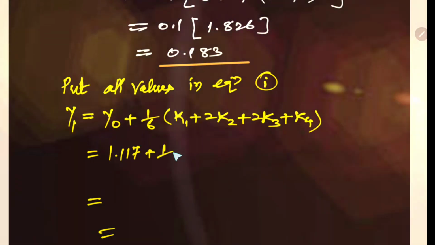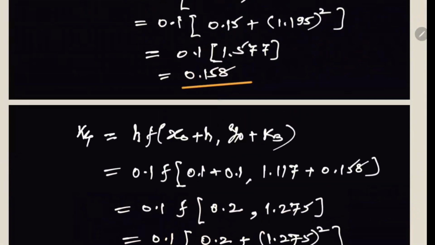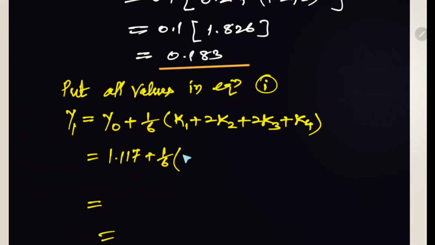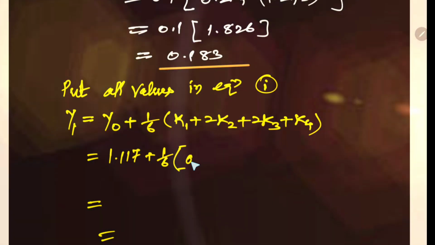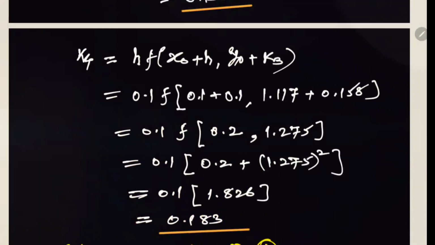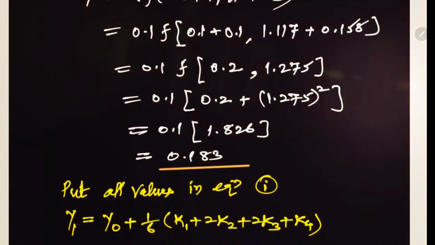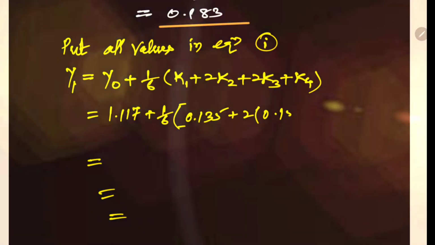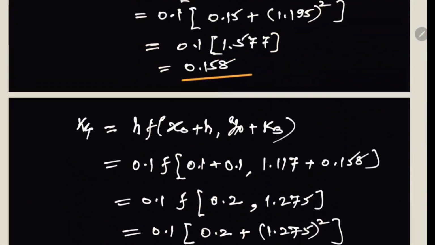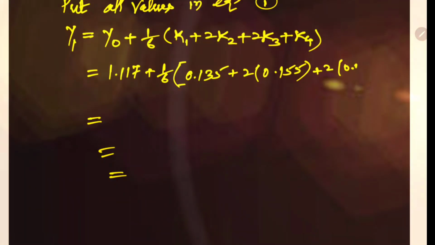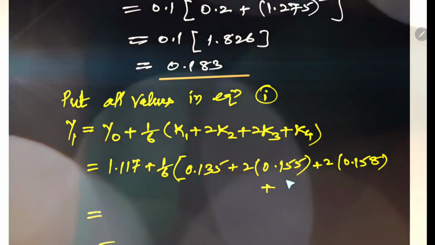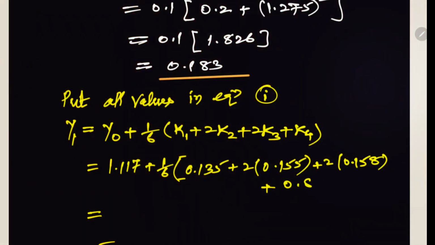Y0 is 1.117, 1 by 6, K1 is 0.135, 2 times K2, the value of K2 0.155, plus 2K3, value of K3 is 0.158 and lastly K4 0.183.